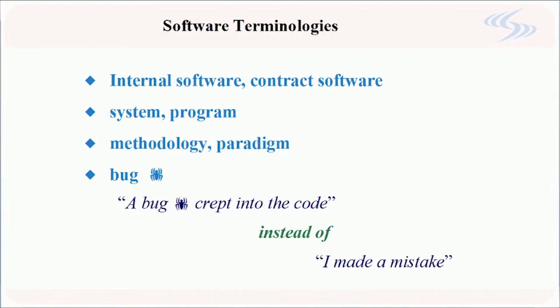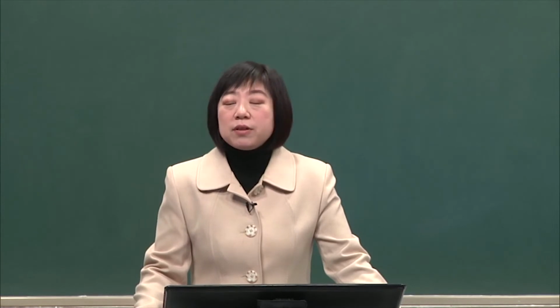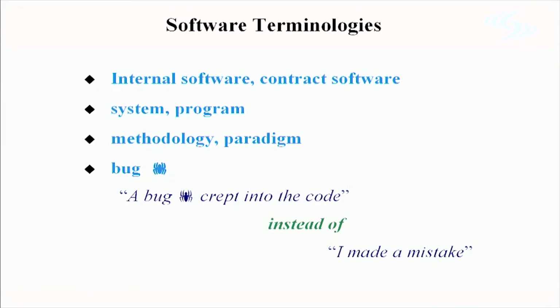The next terminology is quite interesting: bug. Bug is certainly an insect. But in the domain of software, we must have heard many programmers say that a bug crept into the code, instead of saying I made a mistake.